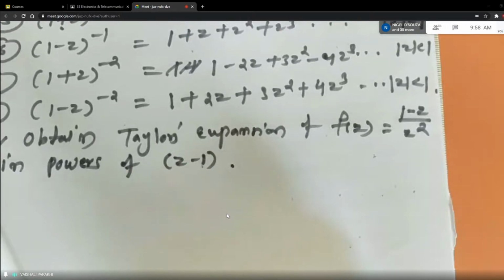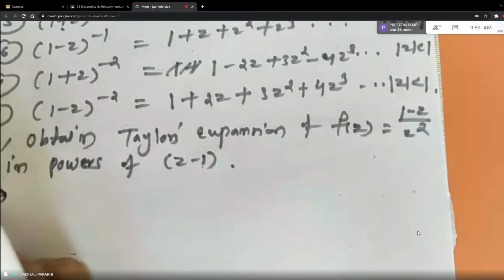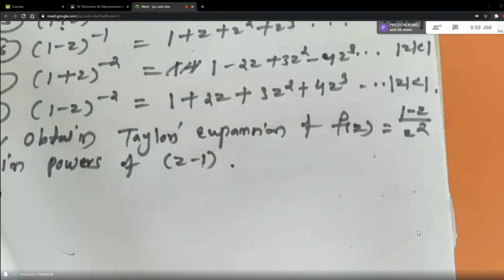Now see students, very carefully you have to solve these type of problems. First of all, it is the Taylor series. The given function is 1 minus z upon z square. Now can you tell me what is the first thing you are going to observe?